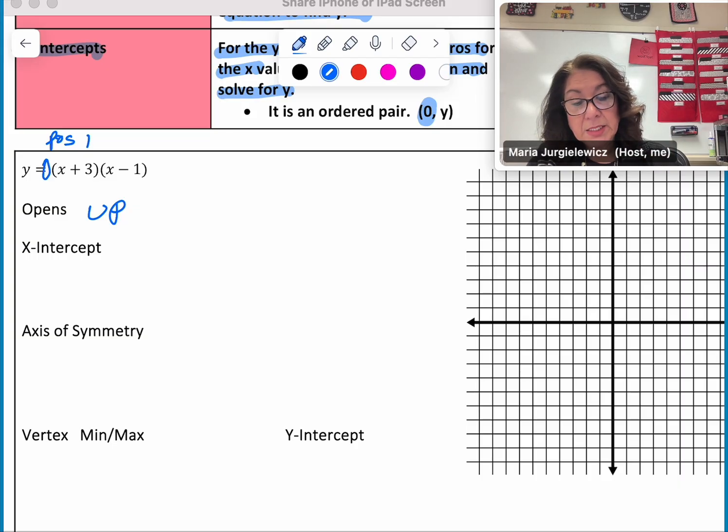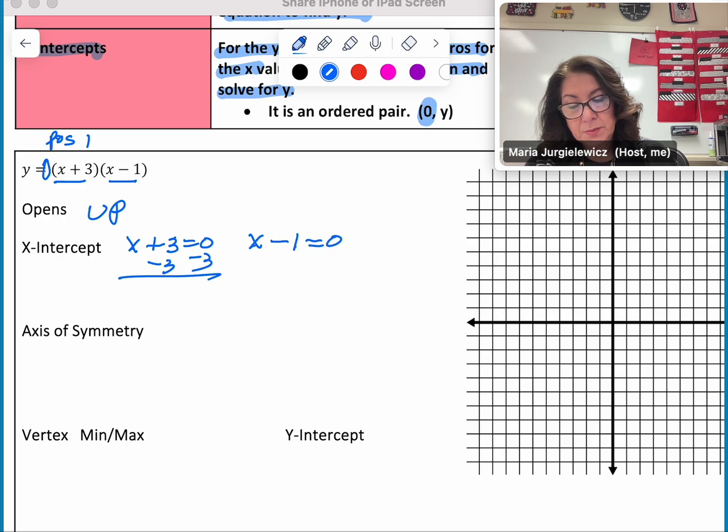Okay, now I need my x-intercepts. For my x-intercepts, we're going to take those pieces right there and make them equal to 0, just like when we were solving. So we're going to subtract 6. X is equal to negative 3. We're going to add 1.